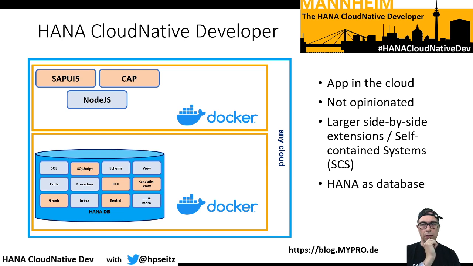And what is also very interesting, I think, is that in contrast to using SQLite for CAP development, you can use a full-blown HANA database with all the features which are available there. It's really an interesting option because a lot of people complain that running HANA database on the SAP Cloud Platform is very expensive, and it is.